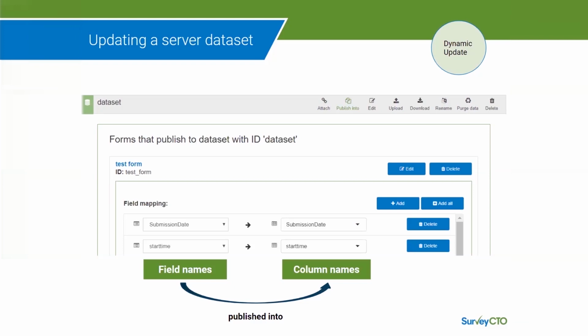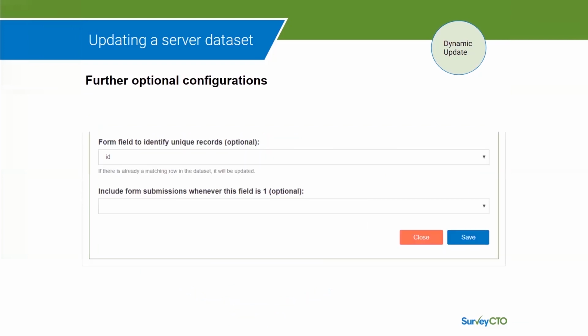The good news is that if you want to publish all fields, you don't need to do this one by one. You can simply click on Add All, and that's it. Additionally, as I mentioned before, there are other configurations that you can set up, but they are optional.